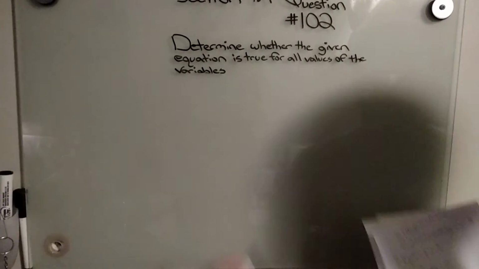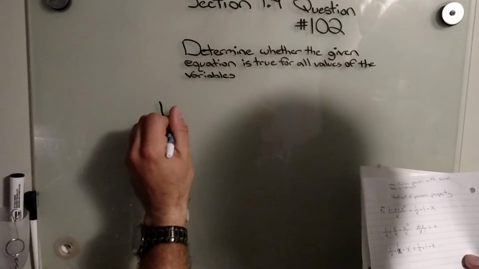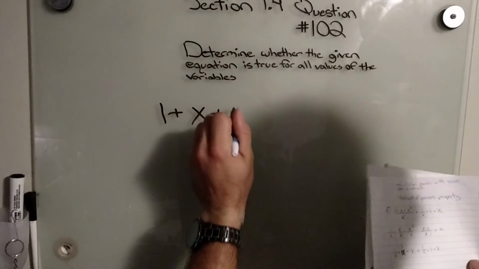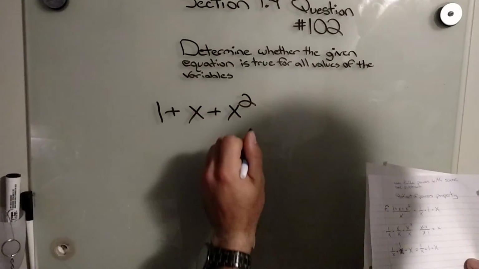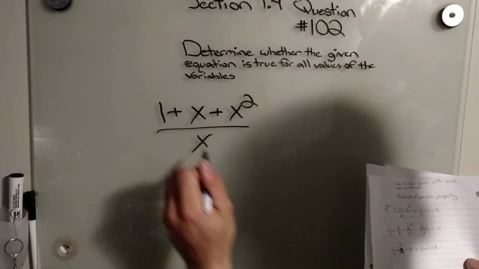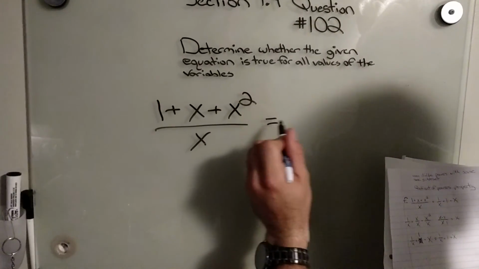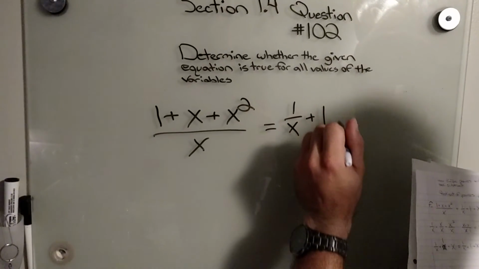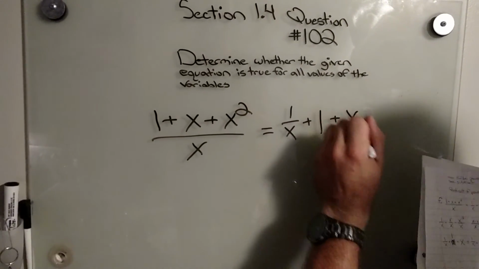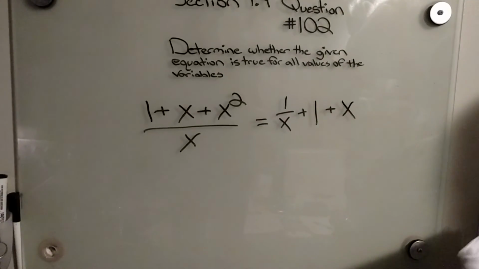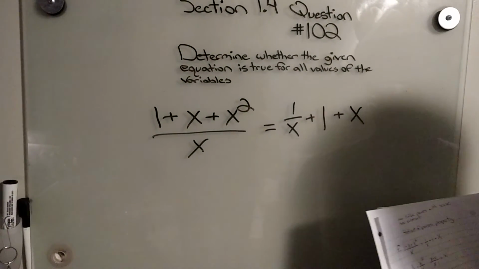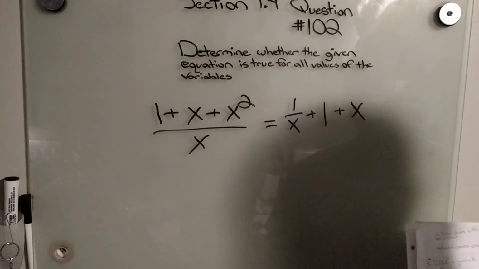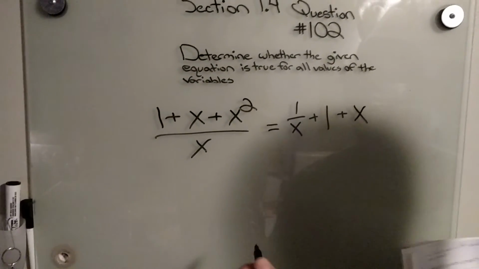And for our last question, we have 1 plus x squared over x equal to 1 over x plus 1 plus x. Now this one might seem kind of tricky, but it is in fact a true equation for all values of x.